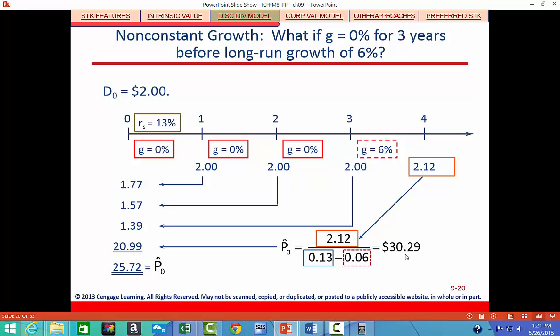The present value of everything after time 3 is $30.29. But remember, this is at time 3. So we have to discount that $30.29 back to the present, just like we discount each of these dividend payments, years 1 through 3, back to the present. If you sum those present values, you get a price of $25.72.